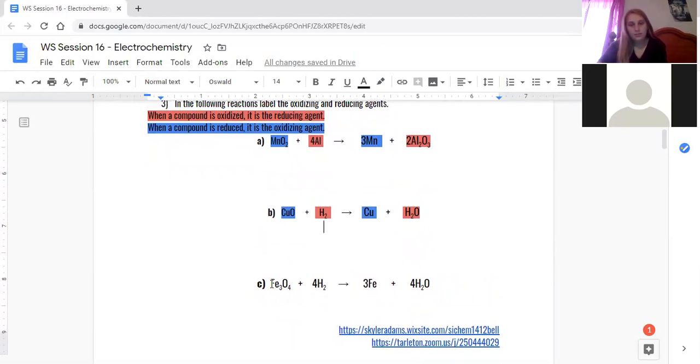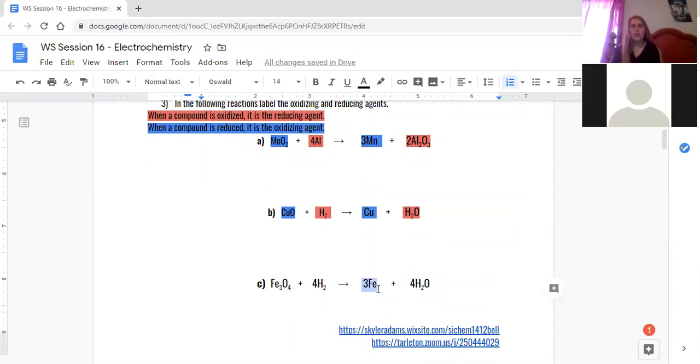Okay, so let's look at the iron oxide here first. So we're going to be looking at the iron. Is iron going to have a positive or negative charge here? Positive, perfect. Okay, and what kind of charge is it going to have here?